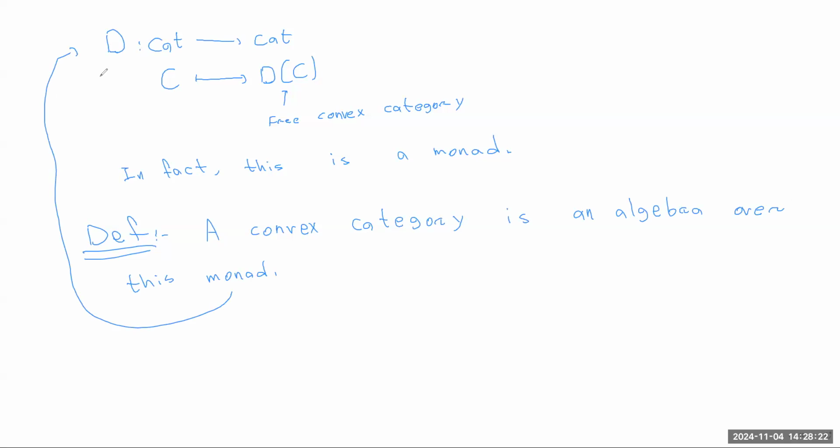So what does it mean to be a convex category? What does it mean if I have a category C to be a convex category? That means that I have some functor from the free category to here with the properties, if you remember. This is a functor now, not only a map of sets. This is a category, and this is a category, and this functor has the properties we said before. This functor will be the identity on objects and act on this.